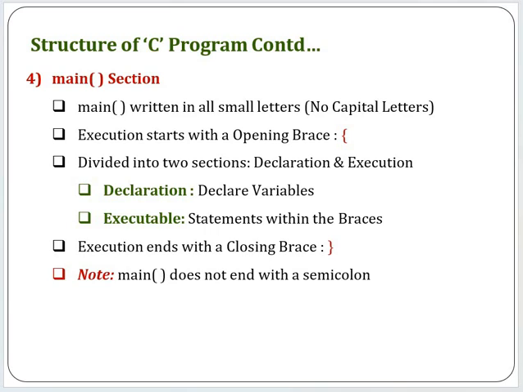And then main does not end with a semicolon. That is a notable one. So by understanding this structure, we can effectively organize our C programs and ensure proper execution flow.